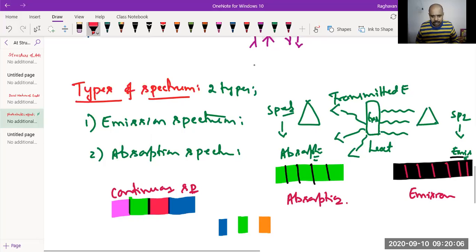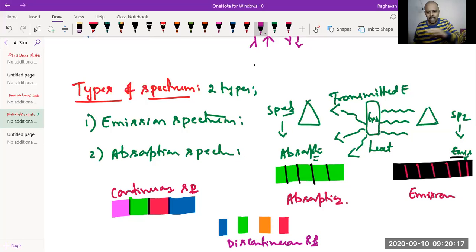Sunlight has all forms of radiation, so it always gives a continuous spectrum. But whenever you take any element like hydrogen gas and heat it, the emission spectrum obtained will be a discontinuous line emission spectrum.